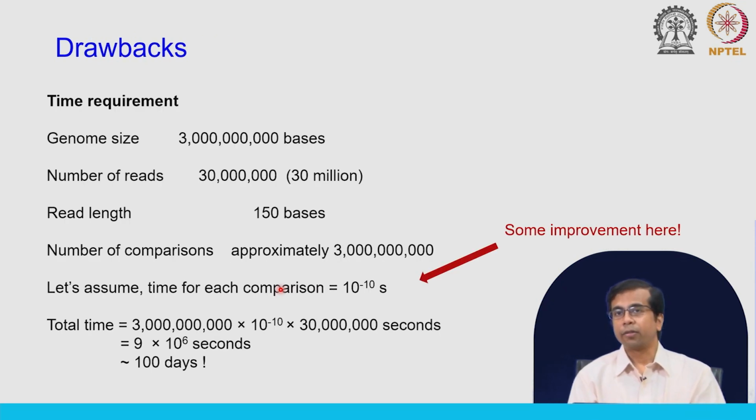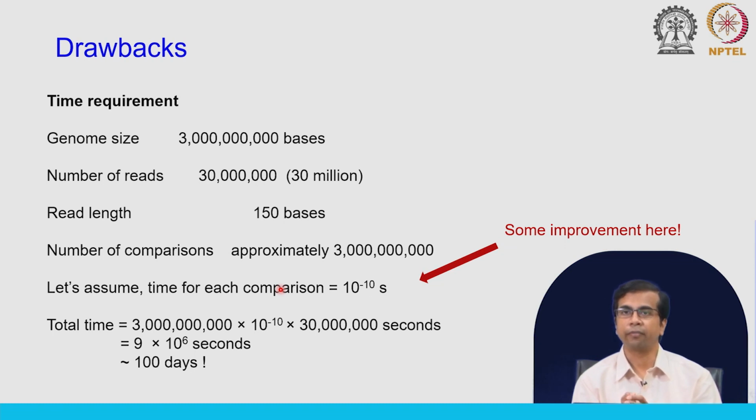Now, the drawbacks. As I said, there might be some improvement in this mismatch step. So, again going back to the same example, we are looking at the same data. We have 3 billion bases in the reference sequence, we have 30 million reads and we have a similar number of comparisons, but let us assume that the time for each comparison now is 10 to the minus 10 seconds. So, we have improved there.